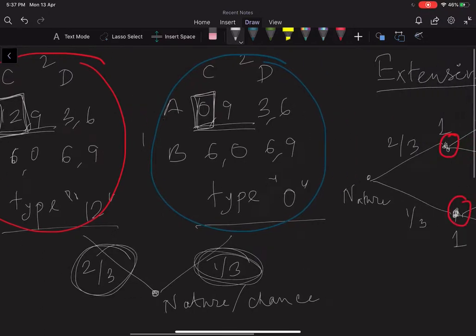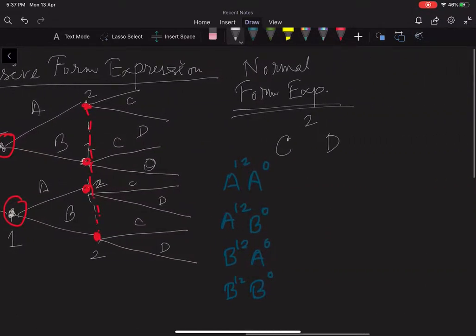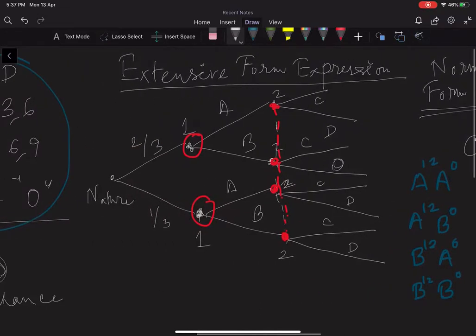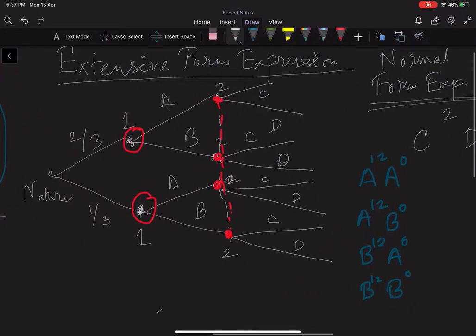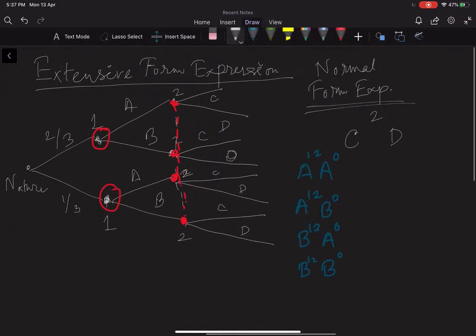Okay, so then we can compute the payoff and write it here. Payoff from A12 A0 is with 2/3 you get 12, and with a third you get 0. So this is basically 8 for player 1.